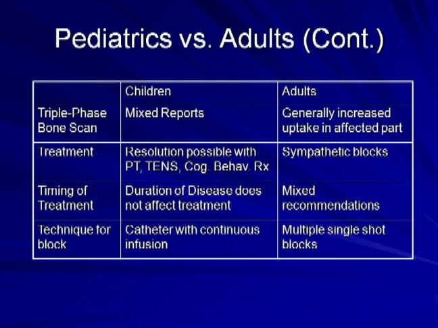Now in children, how are you going to get them to hold still for a needle? The only way you could do that is with general anesthesia. If you try to do it with heavy sedation, you stick them and they jump all over. They're quiet up to a point, and then you go to put the needle in and they're jumping all over. So what is generally done in children is physical therapy, TENS unit, cognitive behavioral therapy where possible.